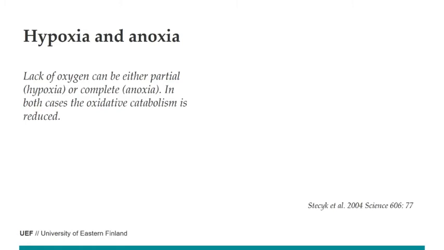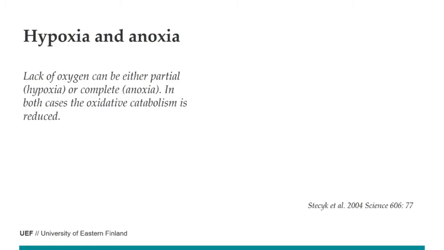Besides hypoxia and anoxia, there's a third word you may read in some literature: chemical anoxia. It's not about the oxygen level, so there's oxygen in the environment, but now mitochondrial respiration is stopped because, for example, you get some cyanide.